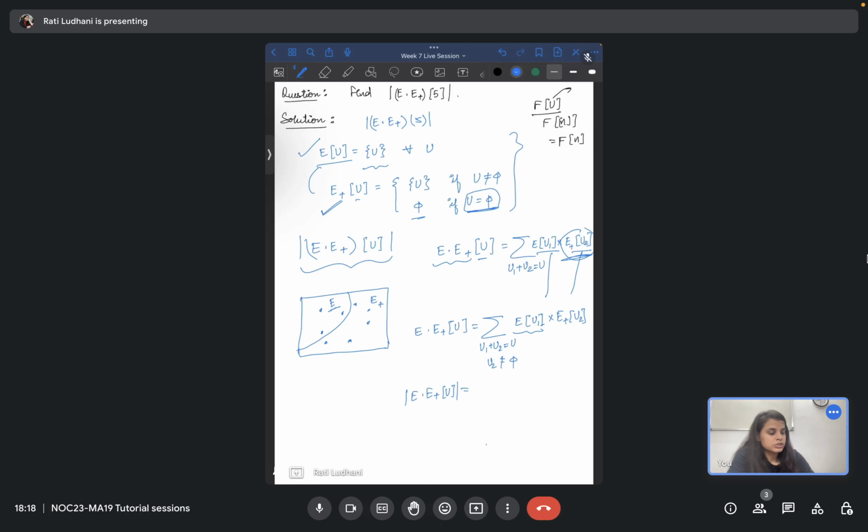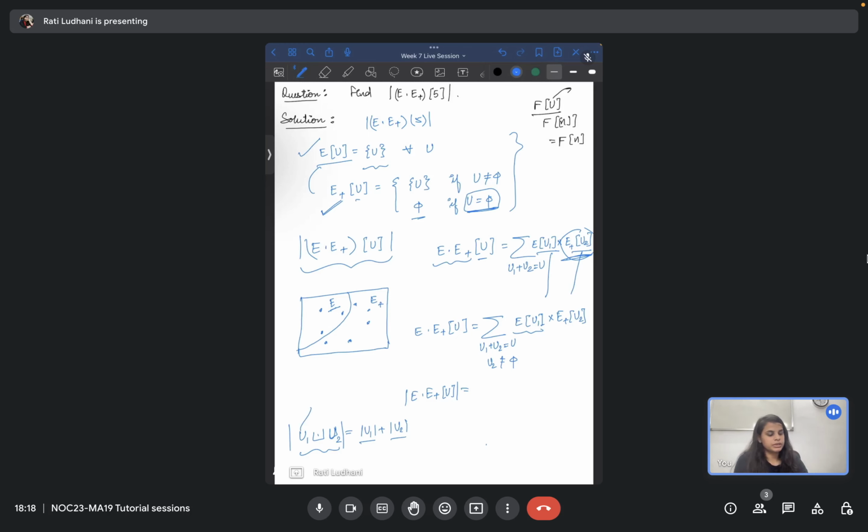Because this is the disjoint union, the cardinality of the disjoint union of U1 and U2 will be the cardinality of U1 plus the cardinality of U2, if you want to find out the sum. Like in this set, what is the number of elements? Then you just take the sum, yes, because this is a disjoint union.